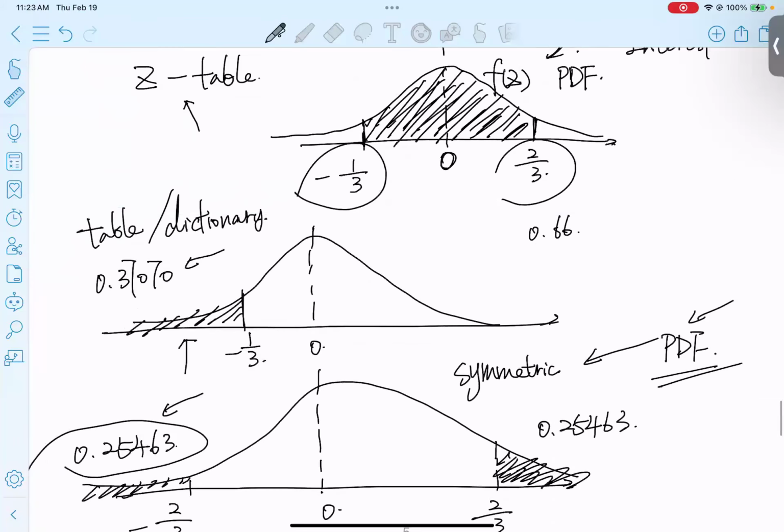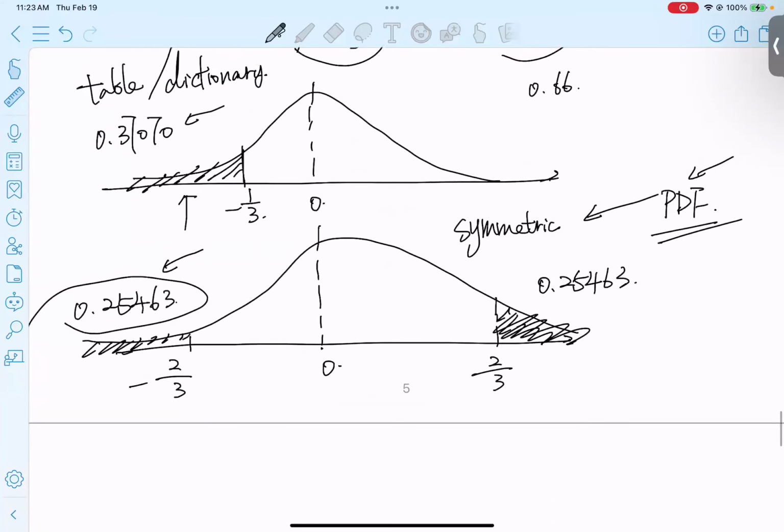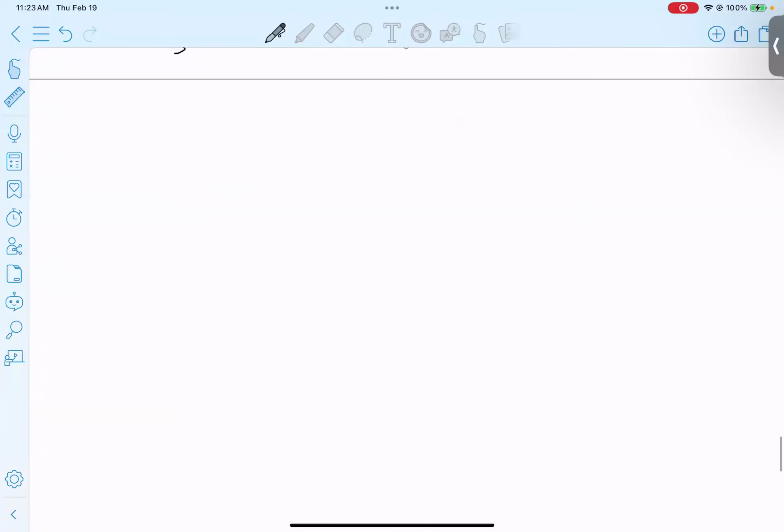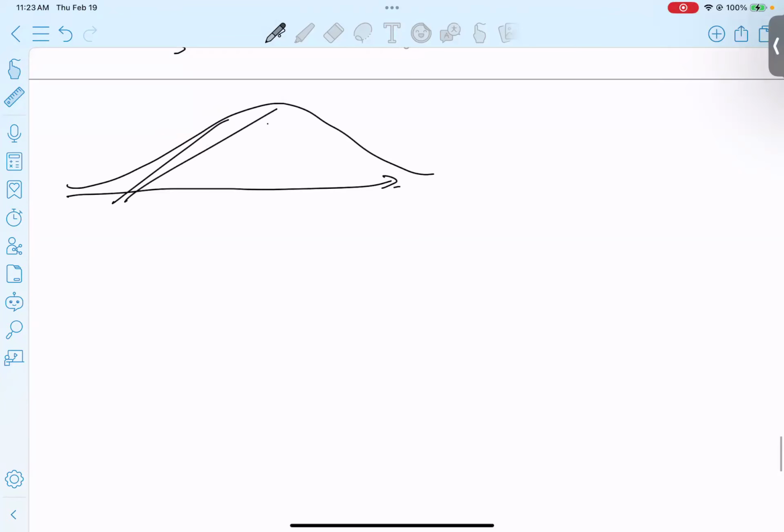The underlying idea here is that everything under the curve is 1. The whole thing, everything happening, has a probability of 1.